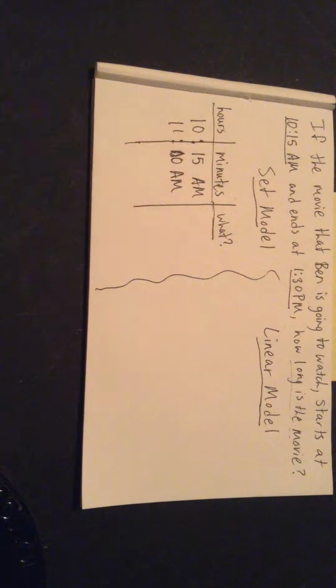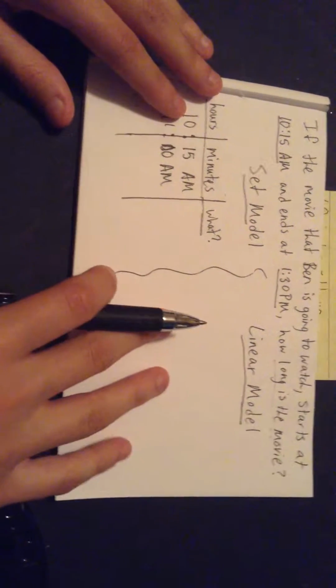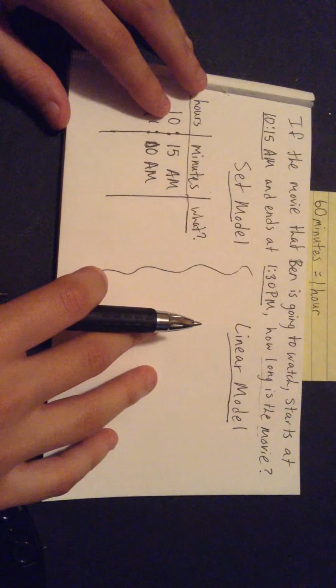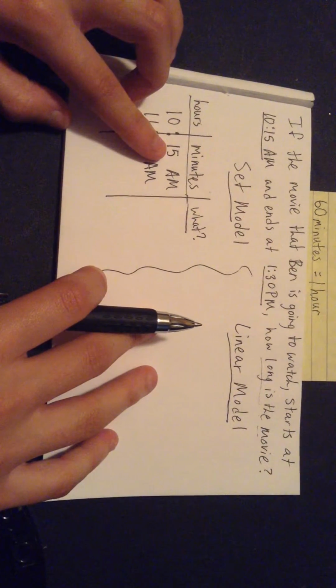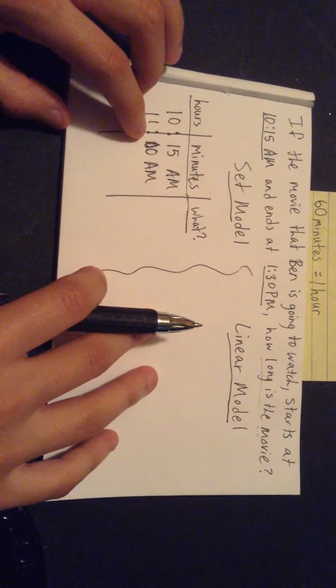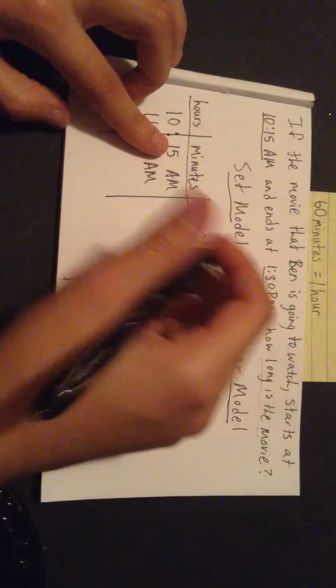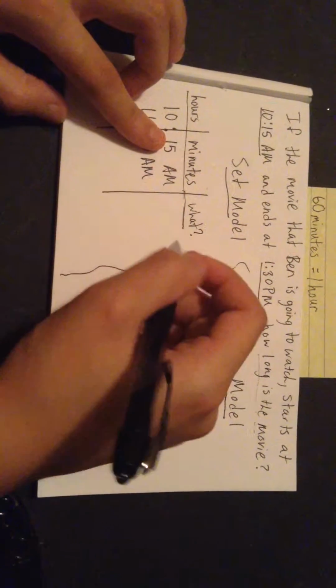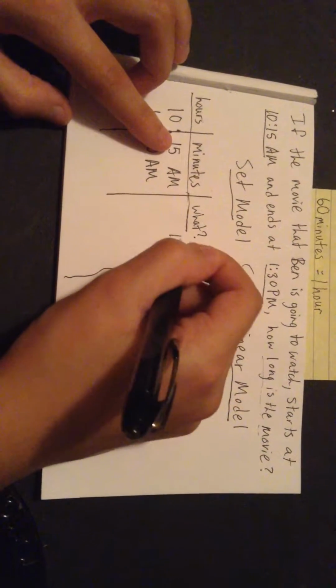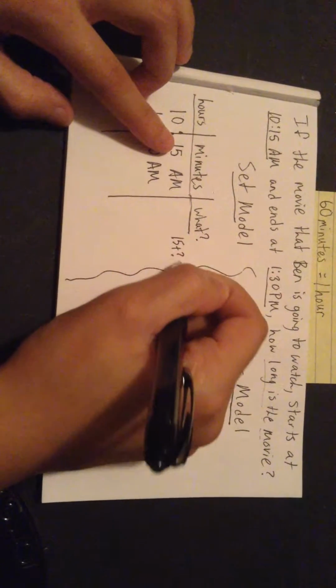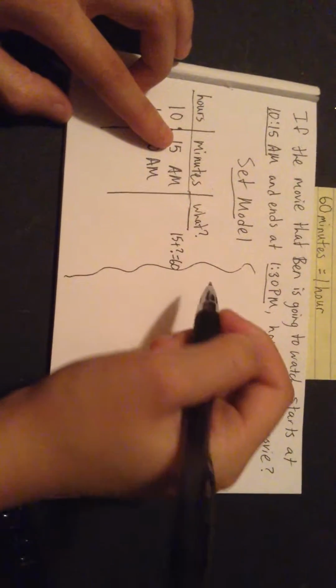to 11 a.m. Now, we know that there are 60 minutes in 1 hour, right? We have 15 minutes. To get to the next hour, we need to figure out what we need to add to 15. So, what number plus 15 equals 60?